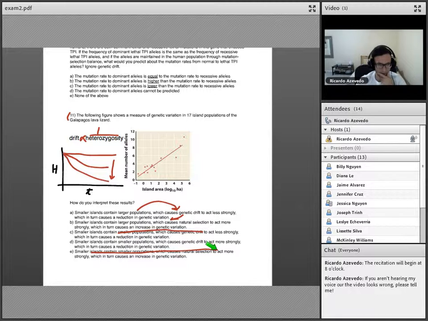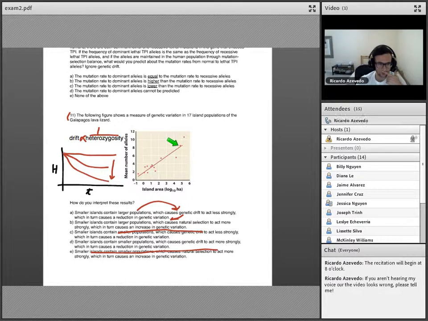Area and mean heterozygosity have a positive relationship, right? As you move on the graph from down left to up right, the heterozygosity increases as island size increases.